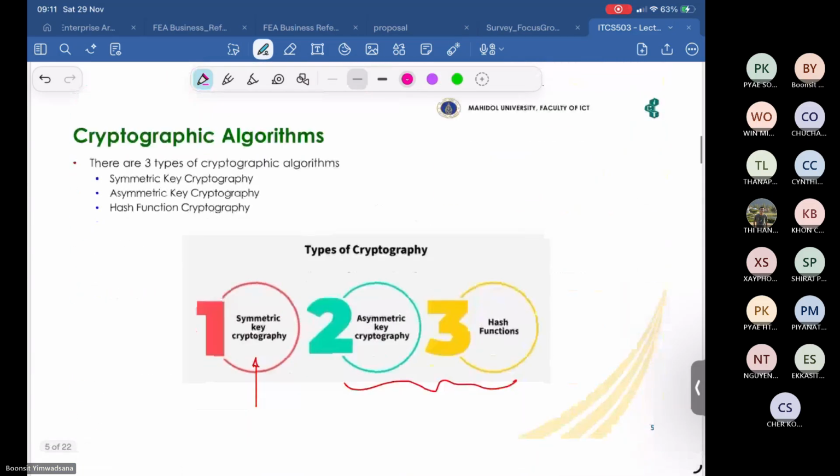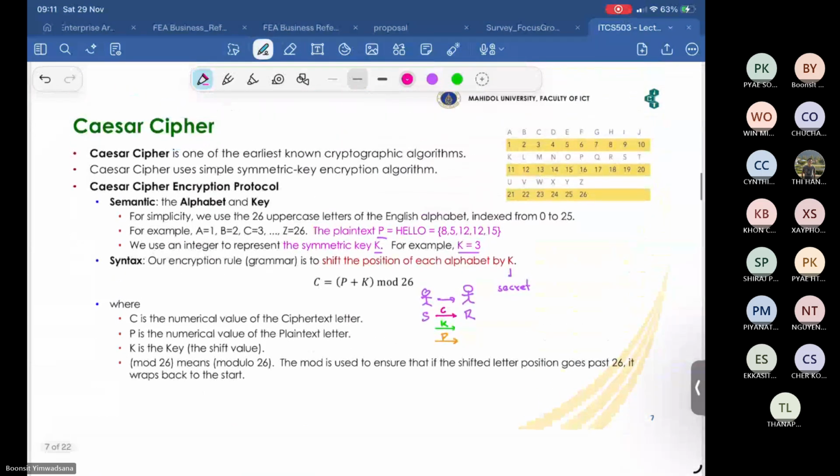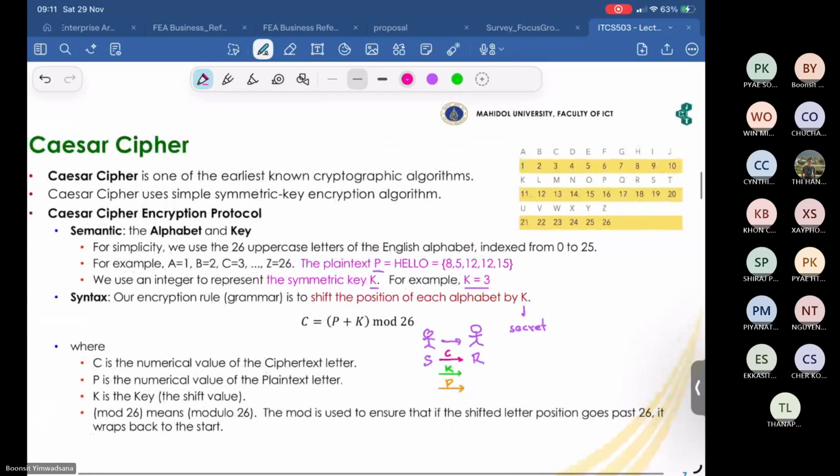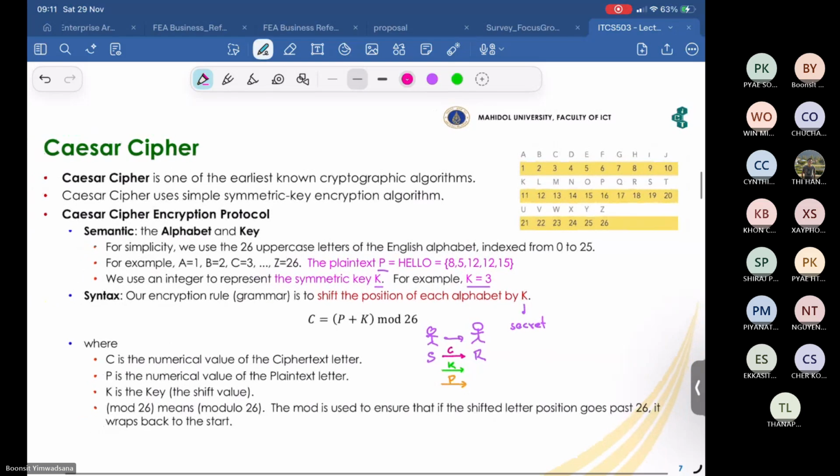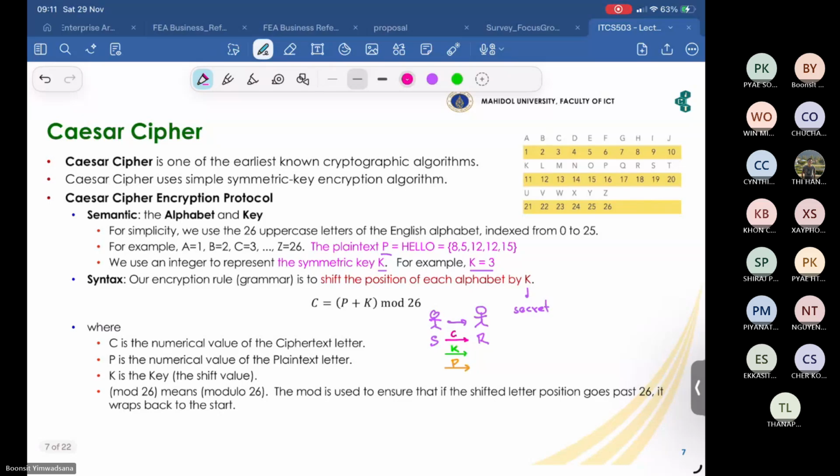For example, with the Caesar cipher, our encryption algorithm is this. In the past, someone like Julius Caesar, for example, would like to send a secret message to someone, like for military purposes or for some personal purpose, and he wants no one to know about it except the receiver.